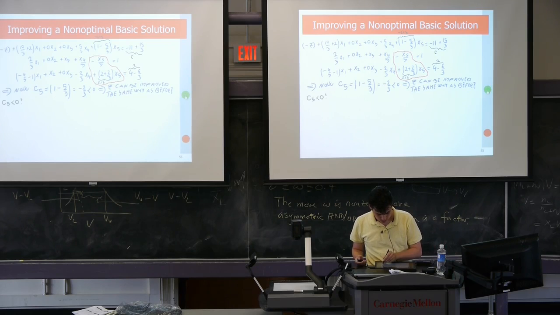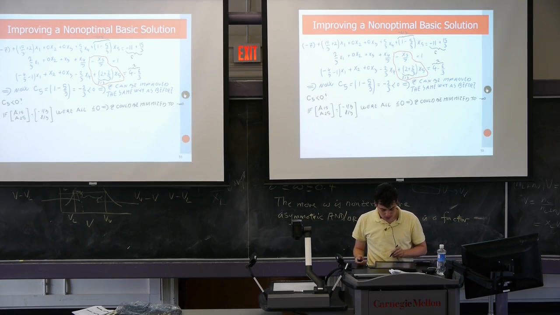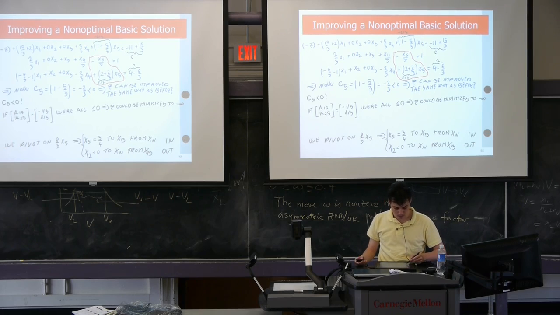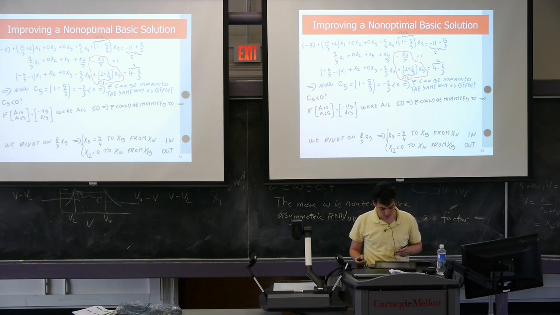Okay, so this is just what I said formally: if these coefficients a1,5, so this is the first equation, second equation, and the fifth variable, if they were all negative or 0, then the value of z could be minimized to minus infinity.